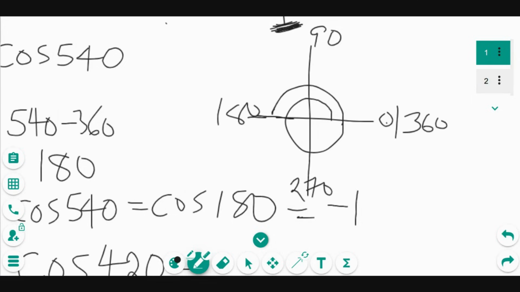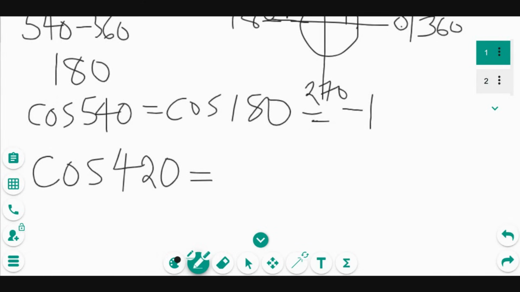So whenever you are given an angle which is greater than 360, we have to reduce it back to less than 360 so that it can be represented on this diagram, by subtracting the 360, okay?